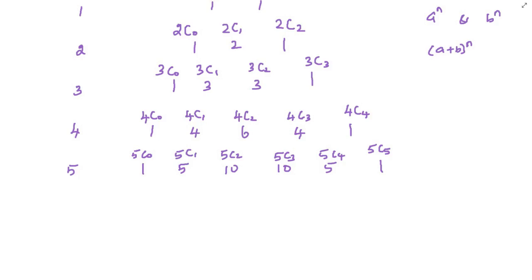So based on this observation, we can give an expansion for (a + b) whole power n where n is a positive integer, and this expansion is called binomial theorem.